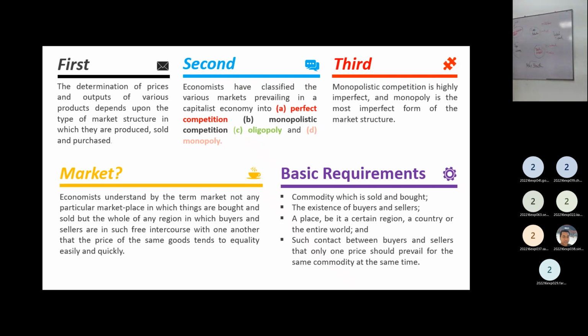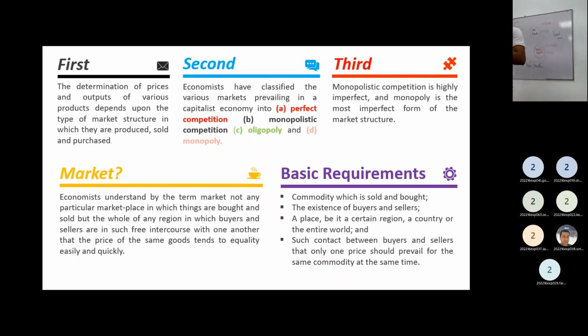For example, let's say I'm going to make an order via PicMe. I'm going to order a particular food item. Am I going to meet the seller? No. Right?